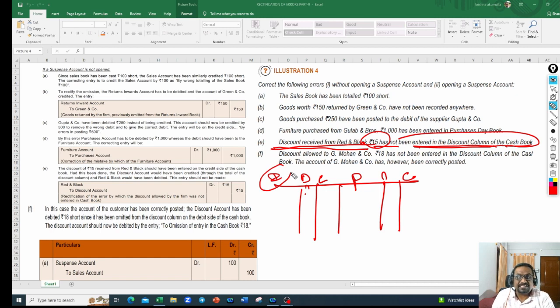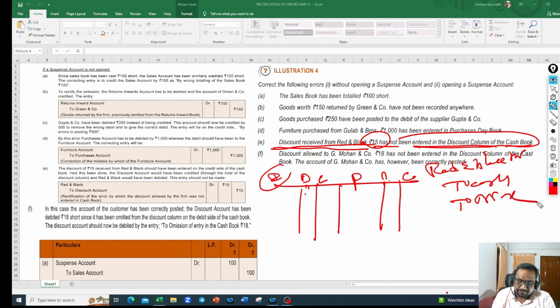When we receive the discount, where do we record it? When do we receive the discount? When we make the payment. That means this discount credit side is called discount received. What entry are we supposed to post for this? Let us understand. When I make the payment to Red and Black, Red and Black debit, to cash account, to discount account.